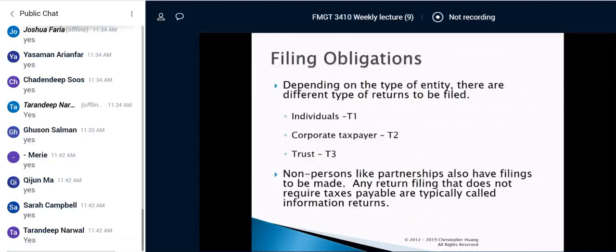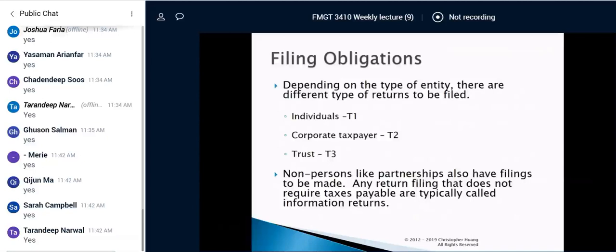Okay, so the returns that you guys file every April 30th, you know, by April 30th normally in every year, okay, that is T1. Corporate tax returns, those we call T2s. Okay, so the T2 corporate tax return. Trust returns, if you're a trust, remember, trust is a separate person for tax, you must file a T3 return. Okay, and by the way, when I'm going through these, we are not going to talk about the COVID extensions.